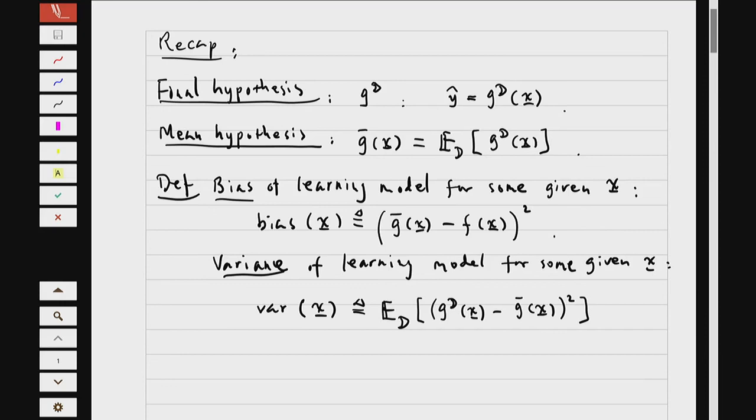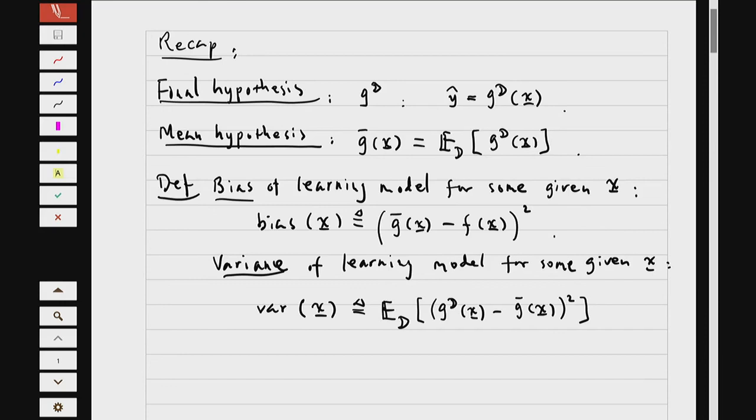Now, we define two quantities, bias and variance. What is the bias? Well, bias is simply the distance of this average final hypothesis, or the best hypothesis that you can get out of training, the distance of this average from the true, unknown target function f.